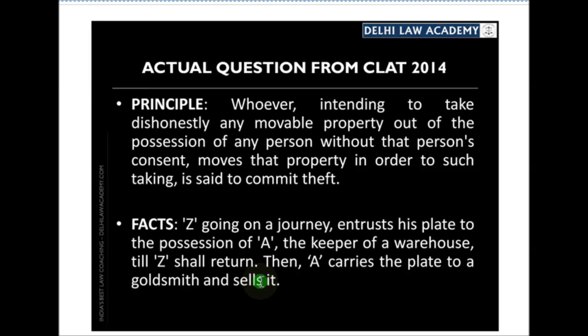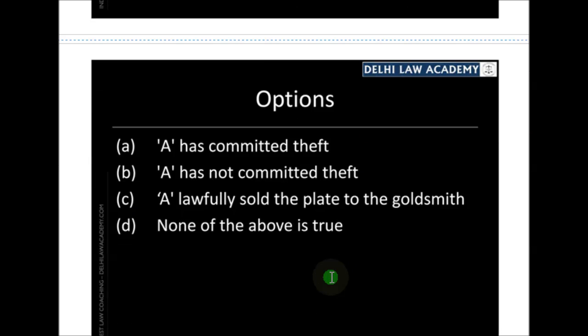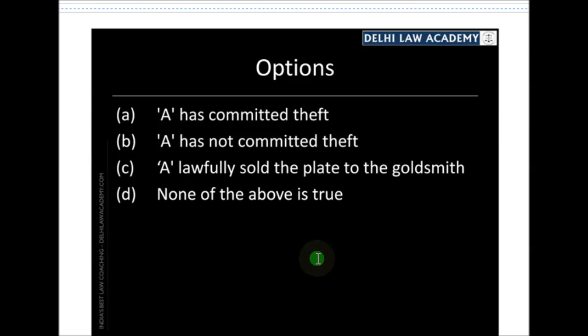On these facts, the student is required to tell whether the offense of theft as defined in the principle has been committed or not. The options are: A has committed theft; A has not committed theft; A lawfully sold the plate to the goldsmith; none of the above is true.